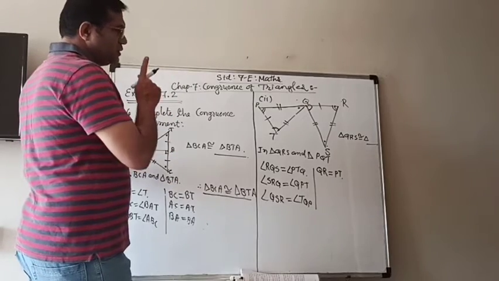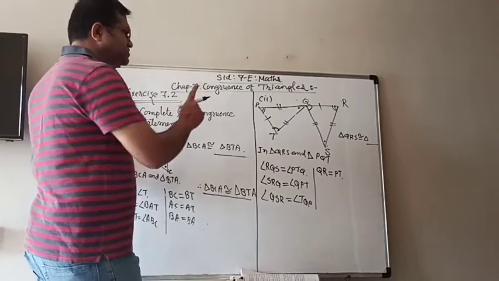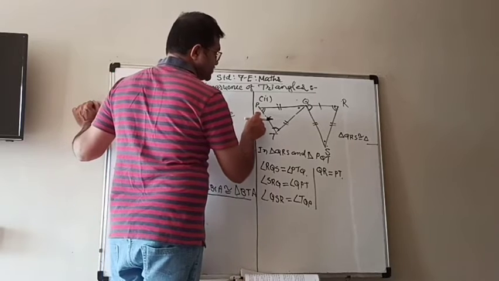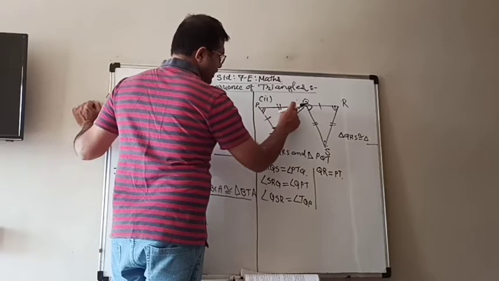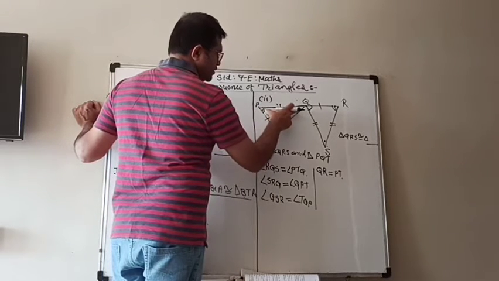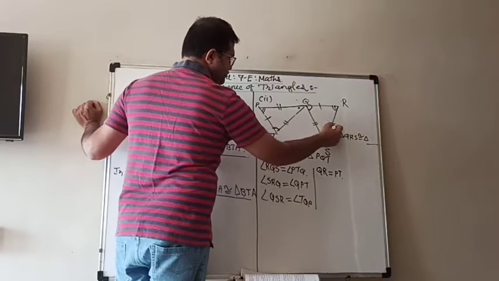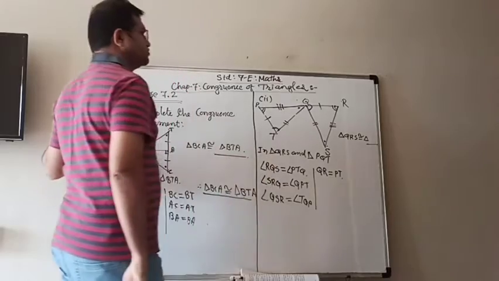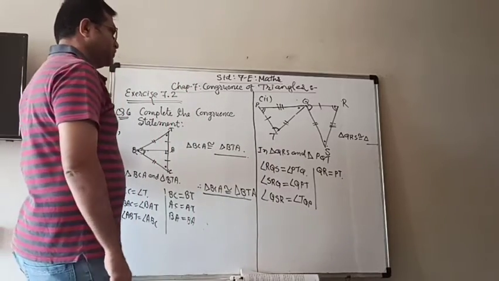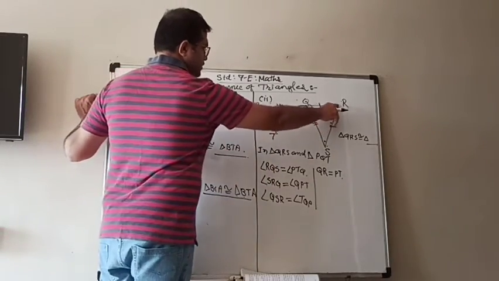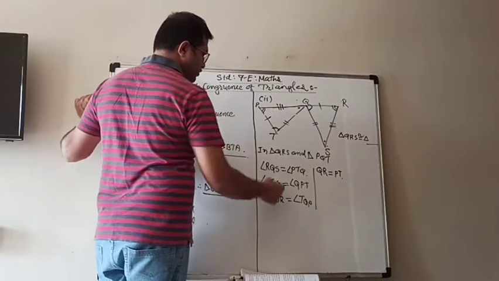Now here let's check the angles. Look at this angle, a double and dot, double and dot. It means that this one must have the same, so you can change like that. So now RS will be equal to PQ.